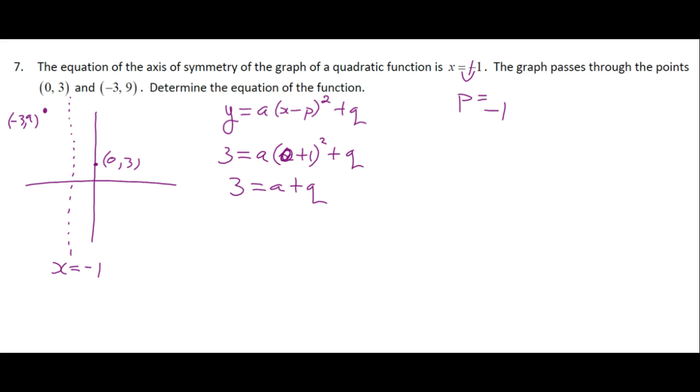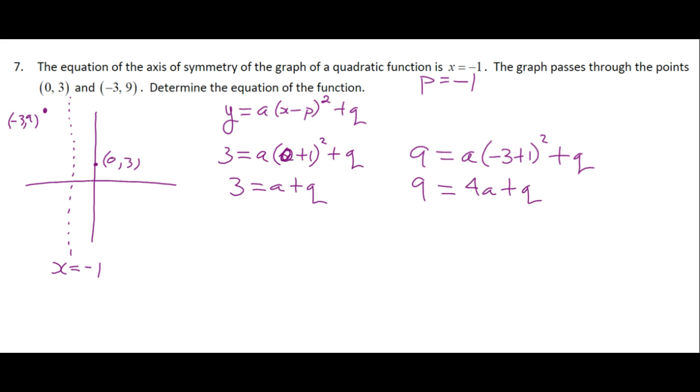Equation number 2. 9 is equal to A(-3 plus 1) squared plus Q. Okay, so we replaced (x, y) with (-3, 9). So 9 is equal to 4A plus Q.